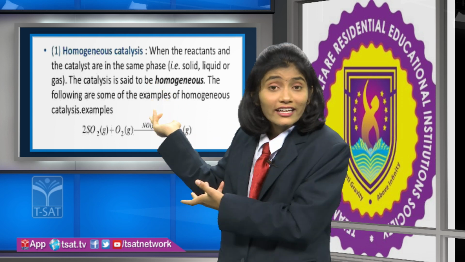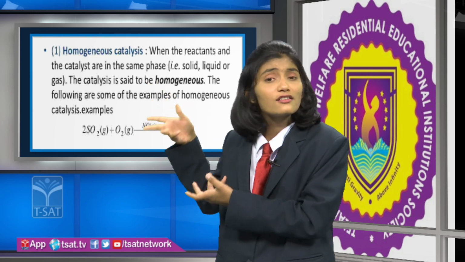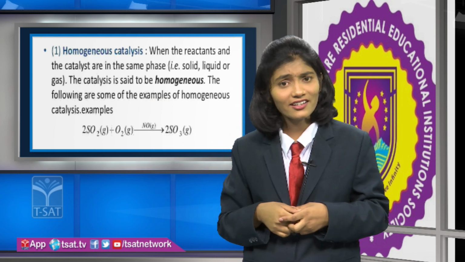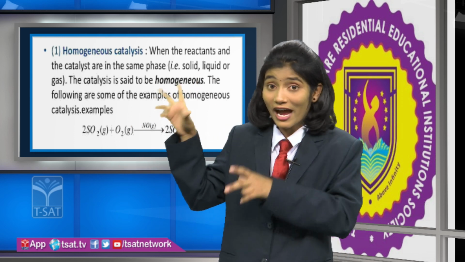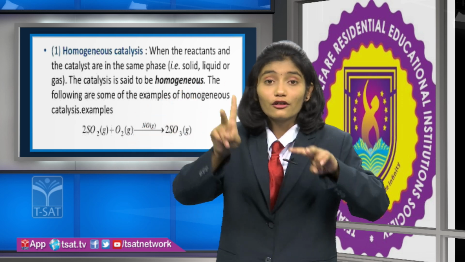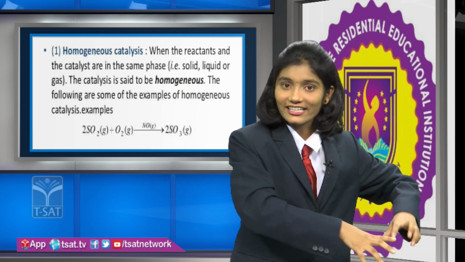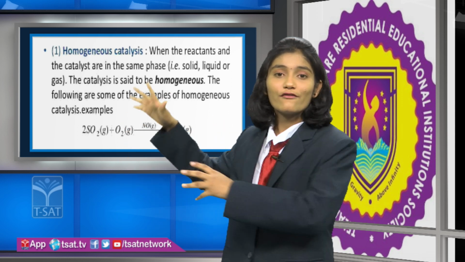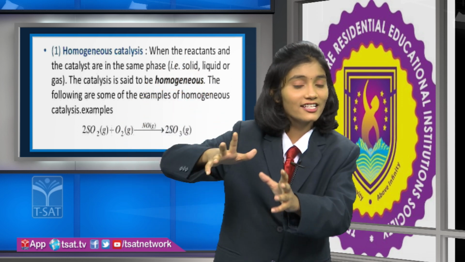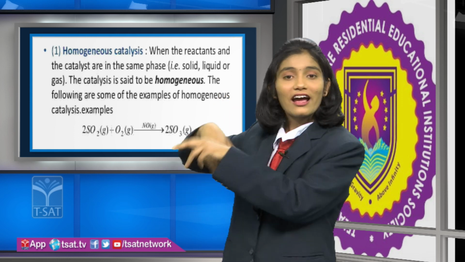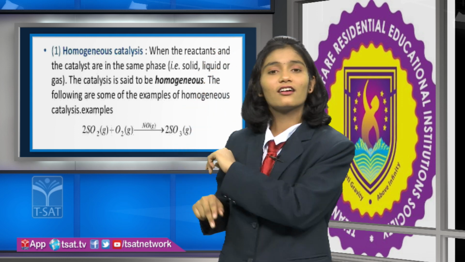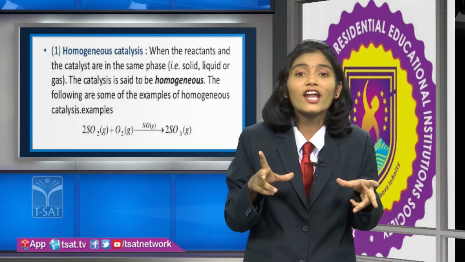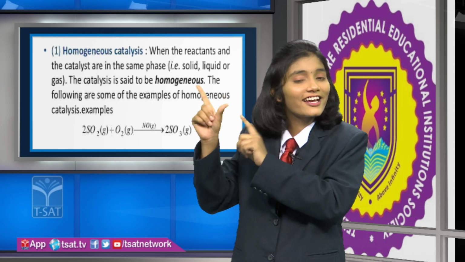Then what about the catalyst nitric oxide? What is the phase of that? It is also in gaseous phase, isn't it? So by this you can conclude that the phase of reactants and the phase of catalyst should be the same. From this, the phase of reactants is gaseous and the phase of catalyst is also gaseous. So this process is known as homogeneous catalysis.